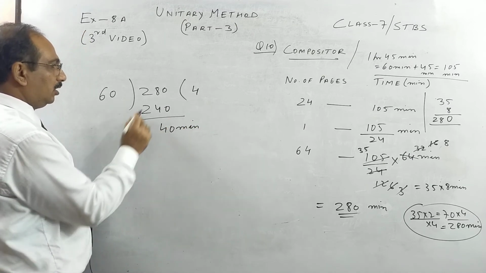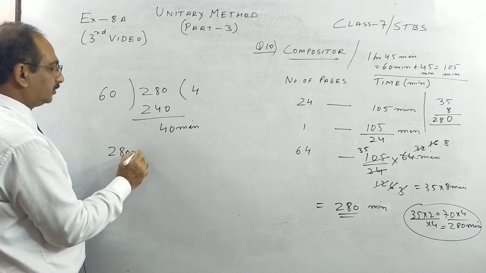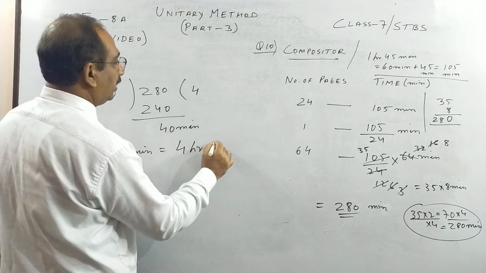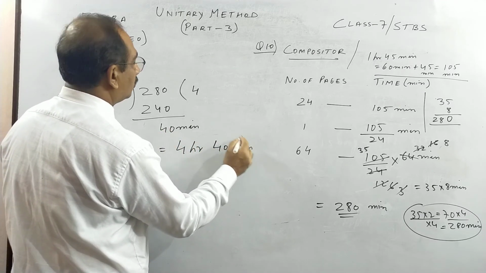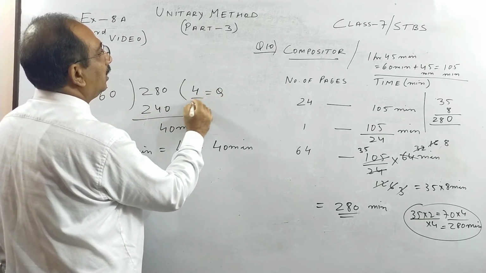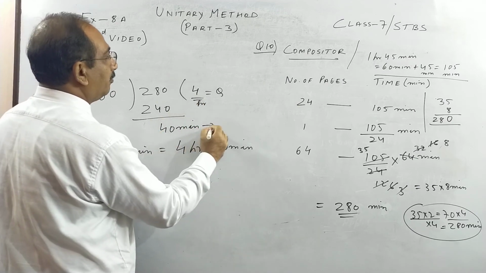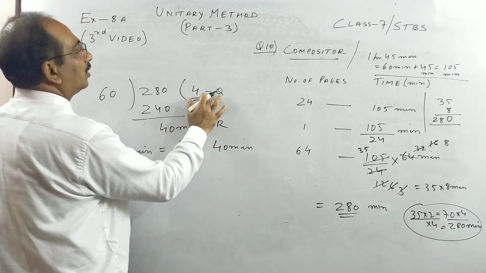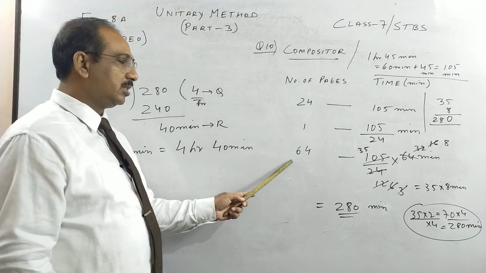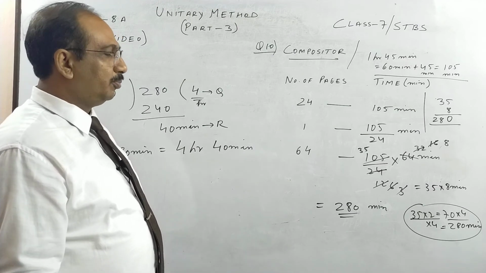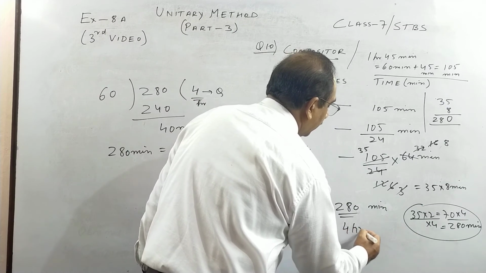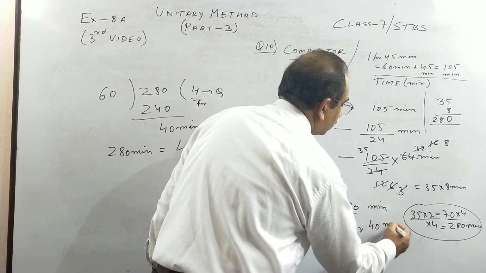So 280 minutes is 4 hours and this remainder 40 minutes. What quotient you get, children, is in hours, and what remainder you get remains in minutes. So your final answer is 64 pages he will compose in 4 hours and 40 minutes.